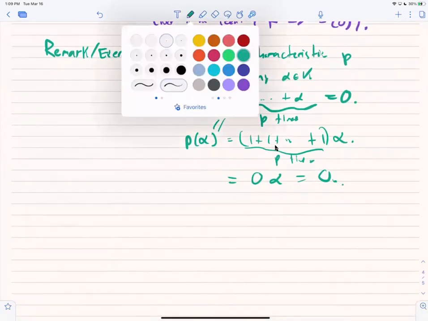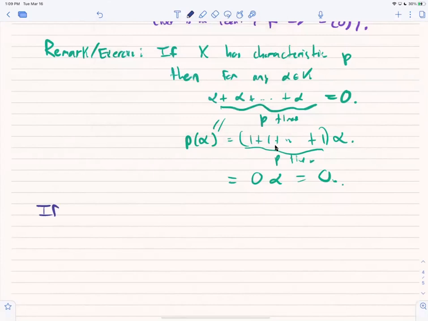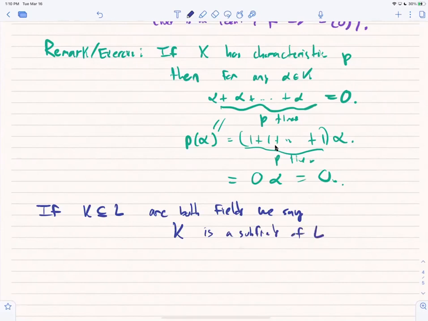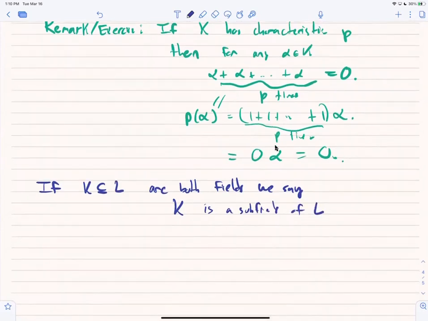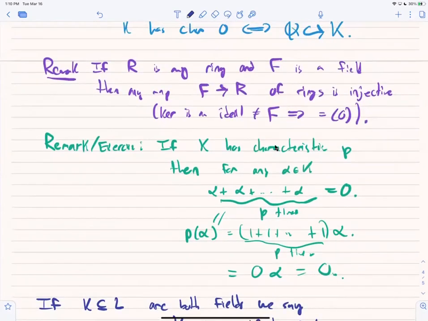Okay, so this motivates the main perspective or structure we look at for relating different fields, which is that of a field extension. So, if K is contained in L, both fields, we say, not surprisingly, that K is a subfield of L. More commonly, we think about it in the reverse perspective, because this building up idea is so important.